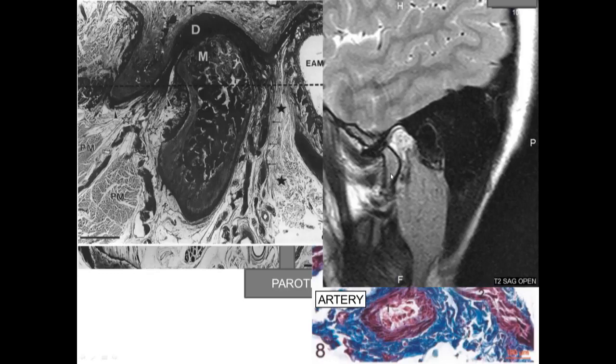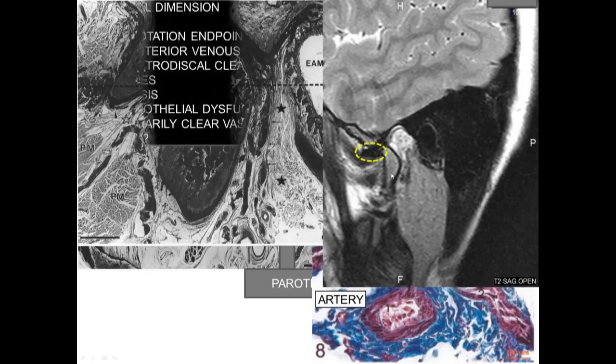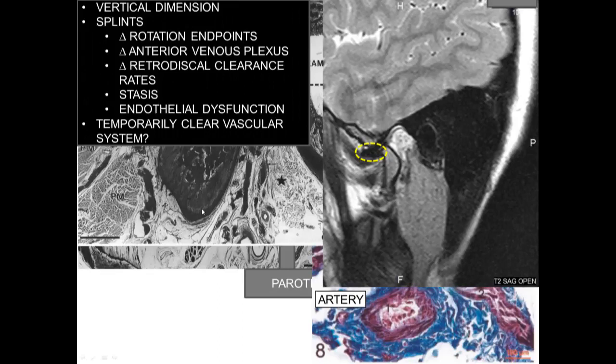But what I want you to think about is this. There's the disc. If I put an appliance in a patient's mouth that moves them forward or opens this up, what I've done is I've changed my rotational components, and the way the venous system drains is it requires this condyle to press on it transiently. But that's the mechanism.